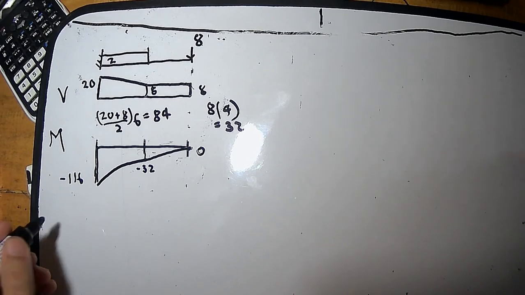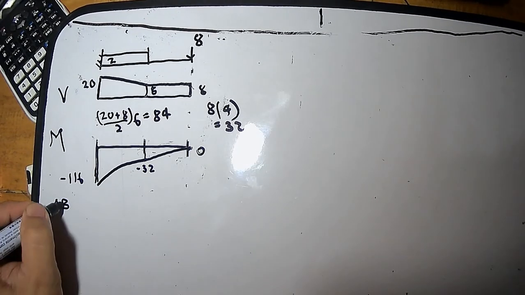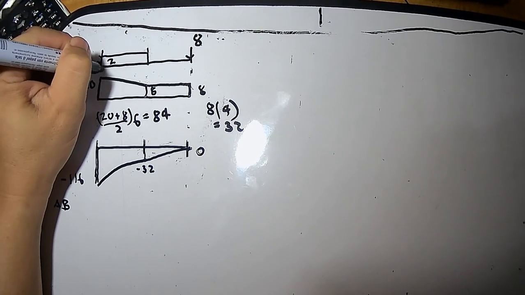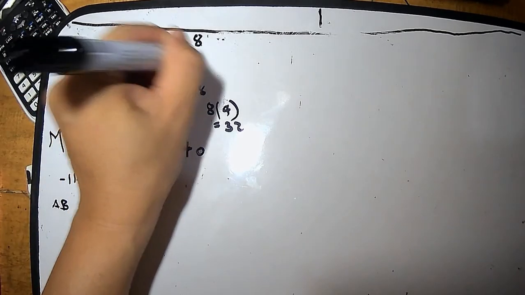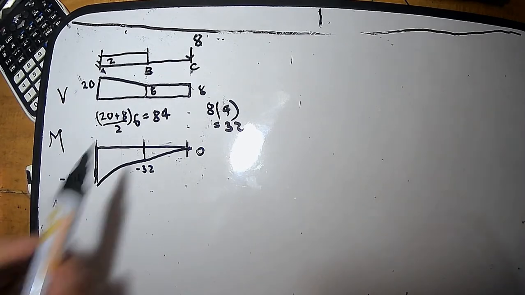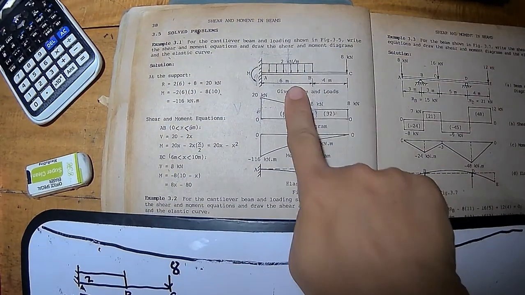Now let's go to section AB. Take note that this is now A, point A, to B, and then C dito sa dulo. Distance AB is 6 meters and distance BC is 4 meters. Okay? So remember, 6 and 4.